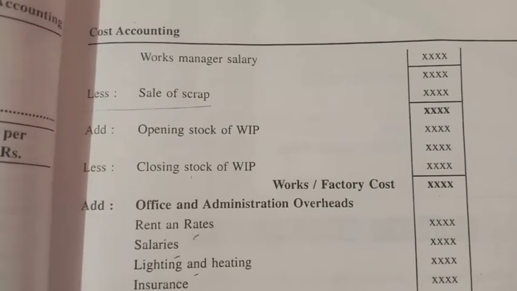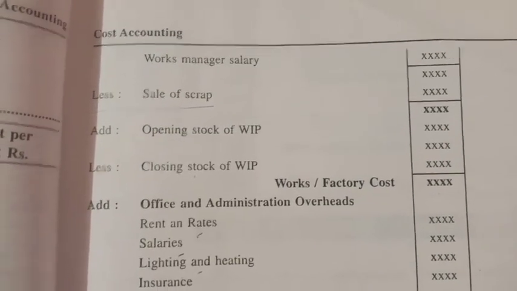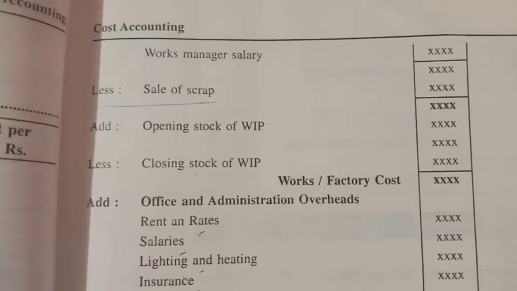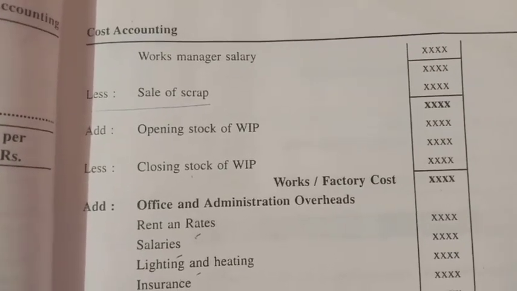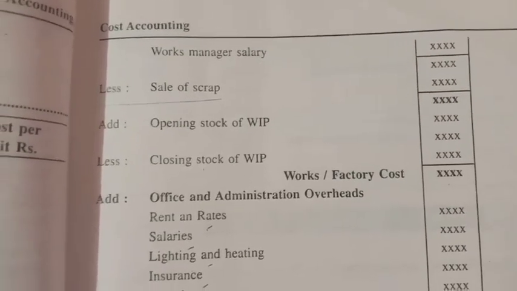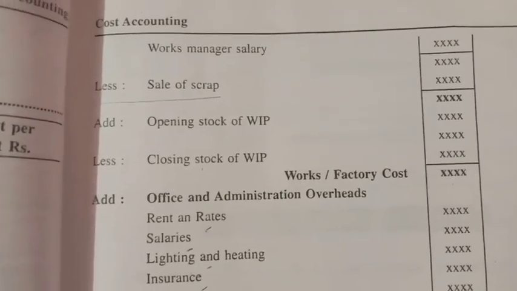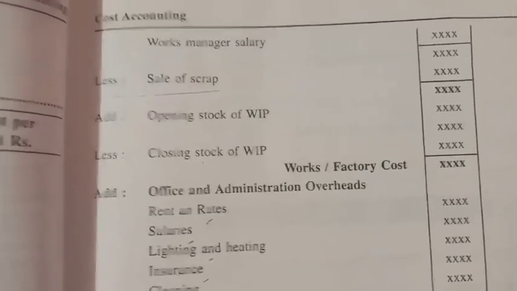All that should be added under the heading factory overheads. In case there is any sale of scrap value of material or anything, that should be deducted from that total.